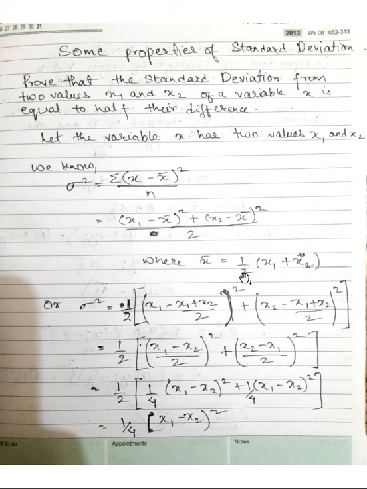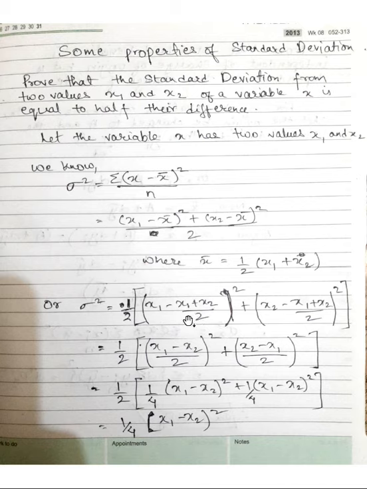Now we put the value of this x bar in this formula. So sigma square or the variance is equal to half into x1 minus x1 plus x2 divided by 2 whole square plus x2 minus x1 plus x2 divided by 2 whole square. We have just replaced this x bar by this in these two places and we got this, nothing else.